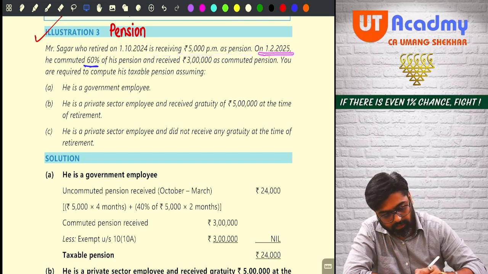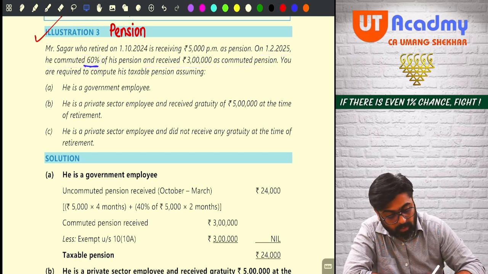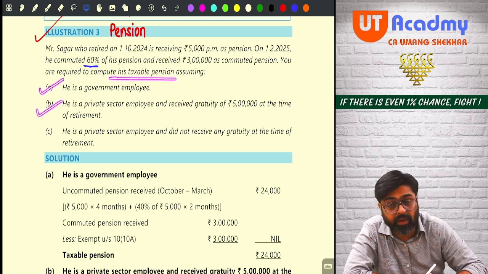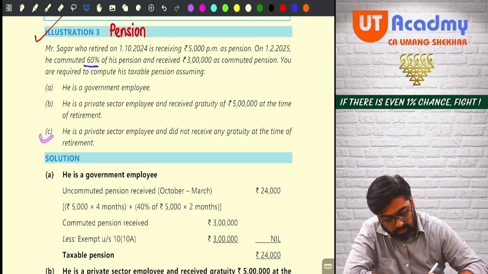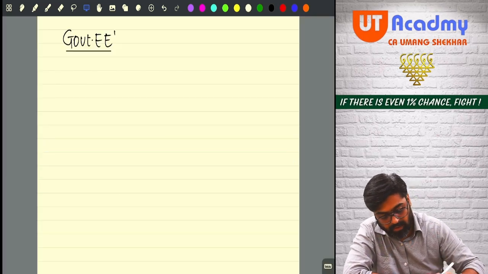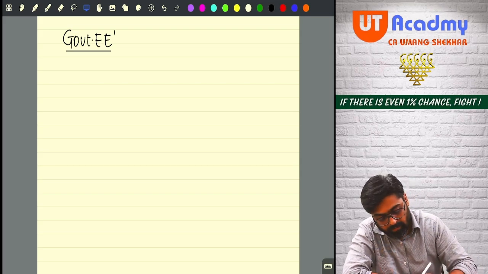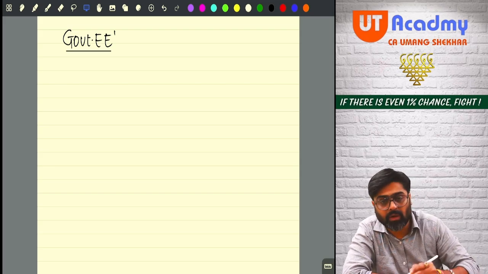On 1st February 25, he commuted 60% of his pension and received 3 lakh as commuted pension. You are required to compute his taxable pension, assuming he is a government employee, a private sector employee receiving gratuity, and a private sector employee who did not receive any gratuity at the time of retirement. Okay, very good, easy. For example, he is a government employee.